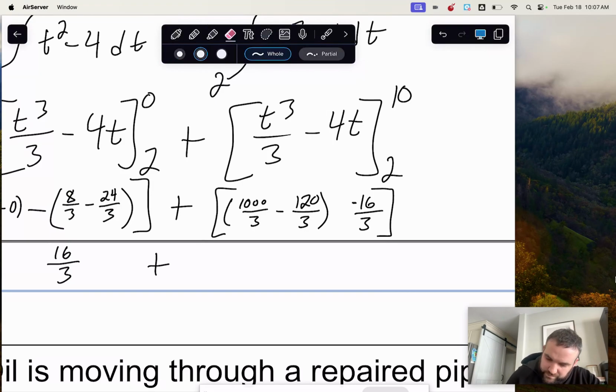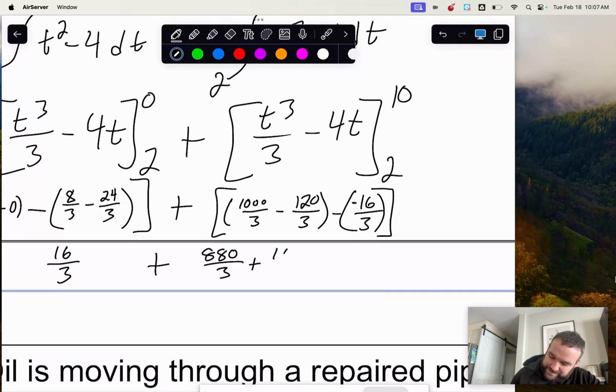Let me just clean this up a little bit. So I'm subtracting negative 16 thirds, which will add 16 thirds back on. So here I've got 880 thirds plus 16 thirds. So 16 and 16 is 32, plus 880 would be 912.